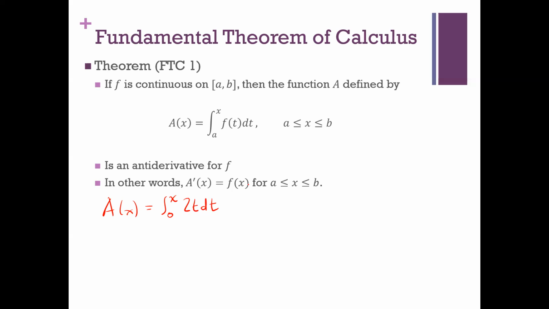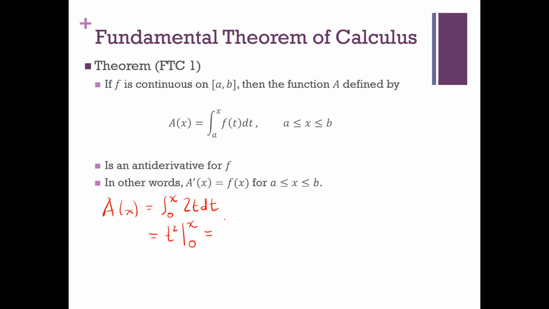If I want to integrate from 0 to x of 2t dt, what is the antiderivative of 2t? So that would be equal to t squared. And then what would I do with that t squared? Right. So I'm going to evaluate it from 0 to variable x, right?